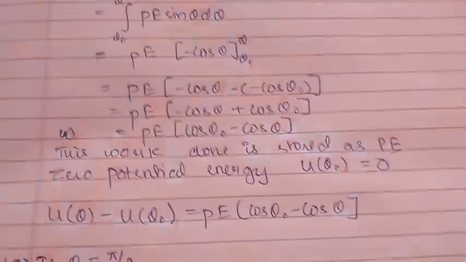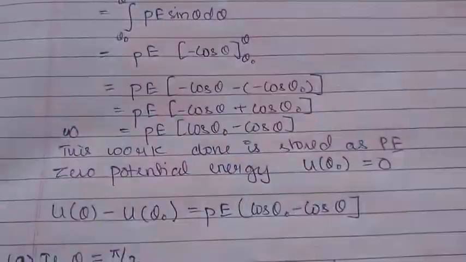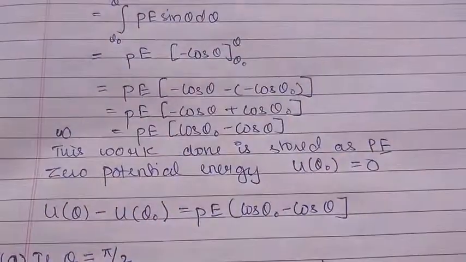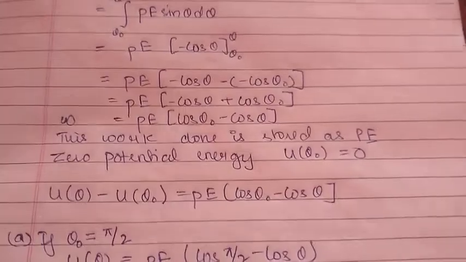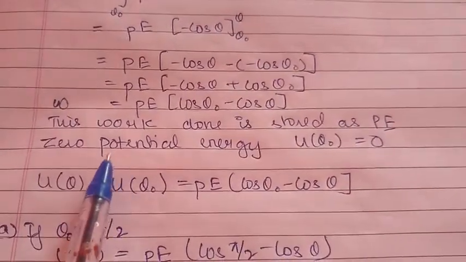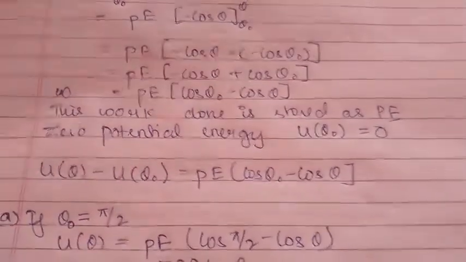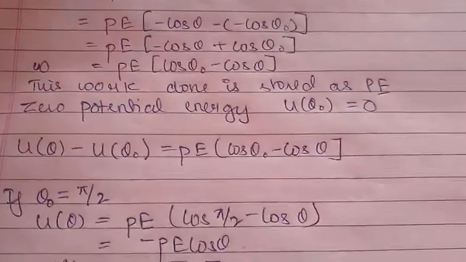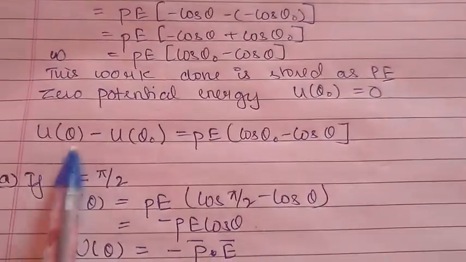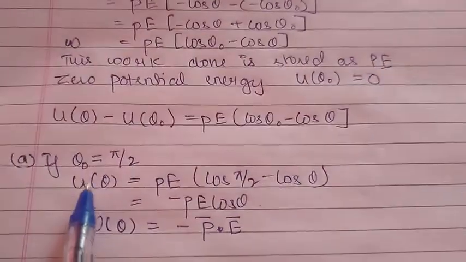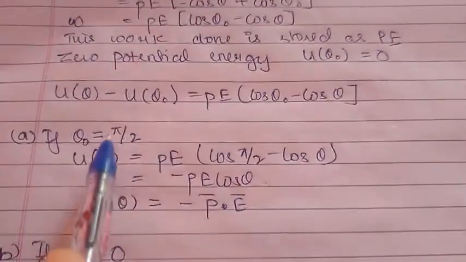Basically, this work done is stored as the potential energy of that dipole in an external field. You can consider the zero of potential energy as per your convenience, that is, U of theta naught you can consider as 0. So this is your potential energy. Now you can consider two cases.